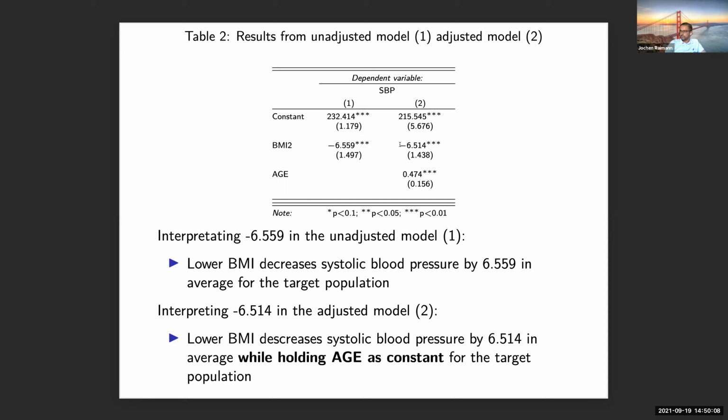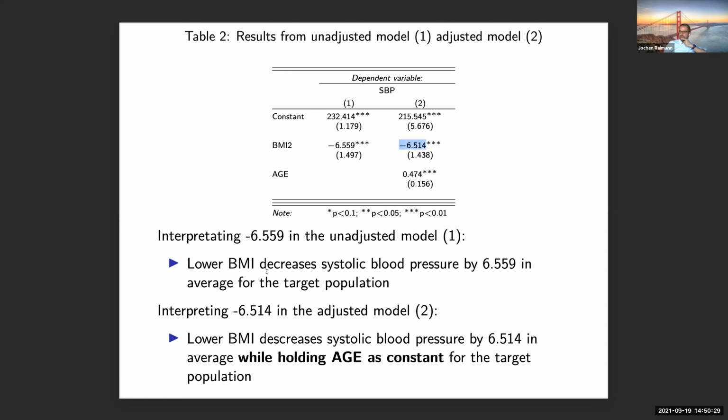Now here, adjusted for age, we look at minus 6.514. So in terms of terminology, and this is important, this model 1, this fit 1, is referred to as a so-called unadjusted model.